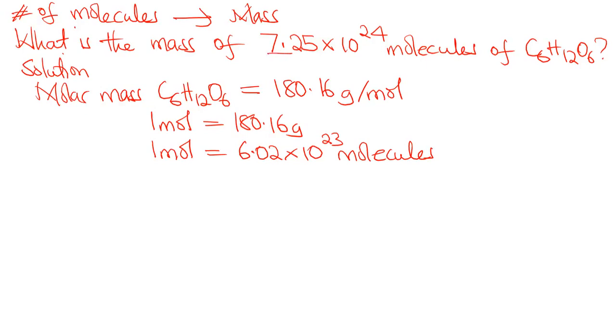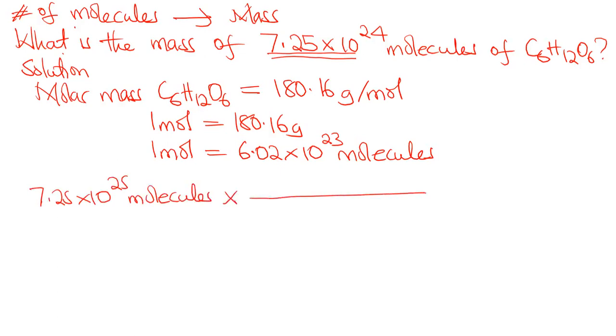So this is our given quantity. That's what we start with. 7.25 times 10 to the power 24 molecules times, so we must have molecules down here and more up there, then times we must have more here and grams there.